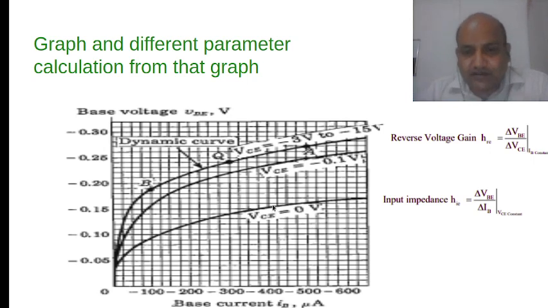So how will you get the reverse voltage gain? IB constant. So just take a line from here to here. No need to draw again, just take the plot of base voltage and base current. IB here it is saying constant. So take an IB value here, the line.